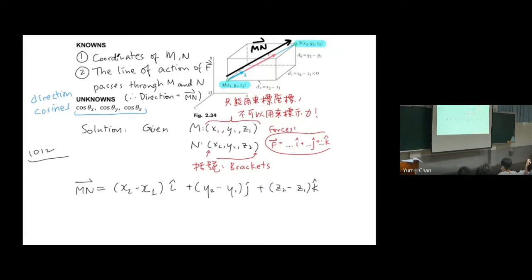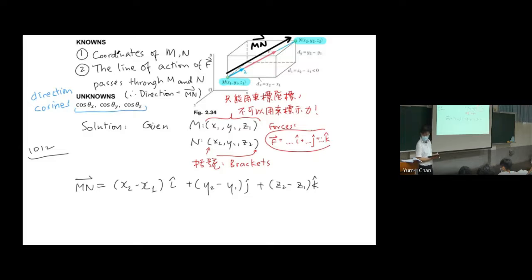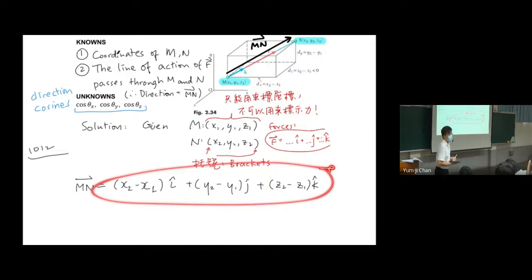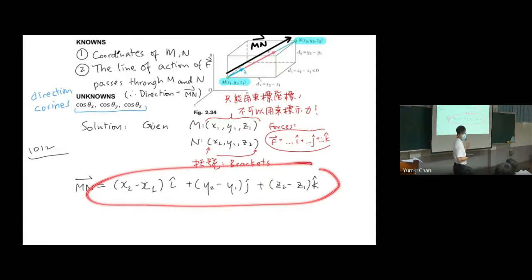Is that okay? If we accept this, this vector has a magnitude and a direction, and we only want to know the direction of this vector.